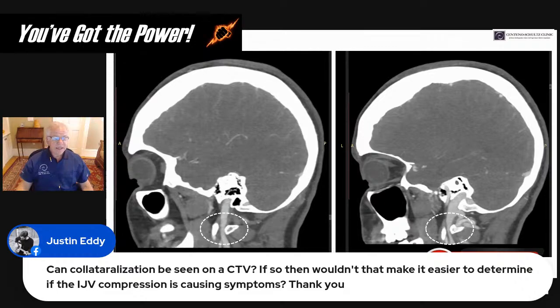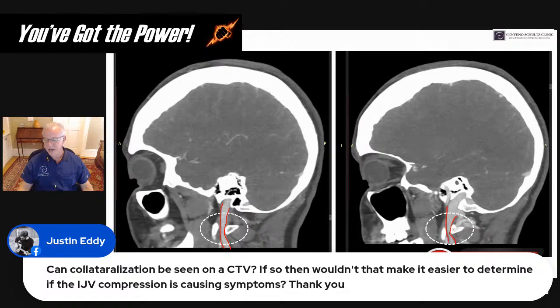So you can see on this side, she's got just moderate compression. So this is the moderate compression I'm outlining. So probably not a big reason to develop a lot of collateralization. Now on this side, she's got severe compression. So this is what it looks like here.